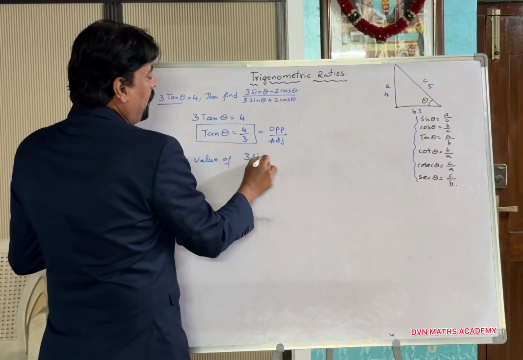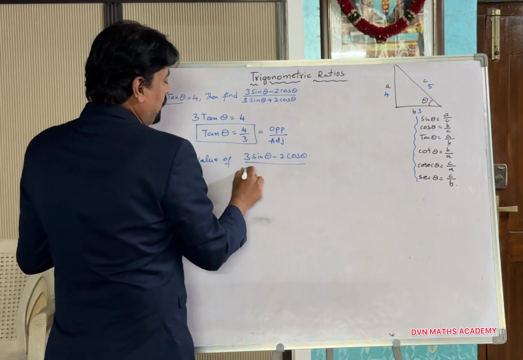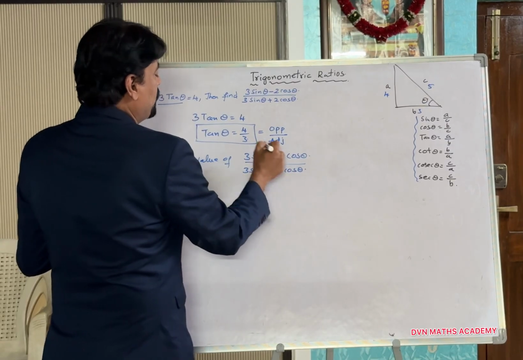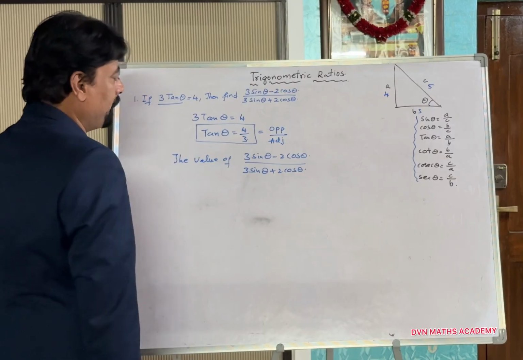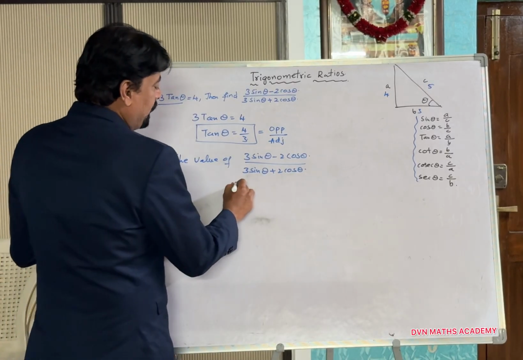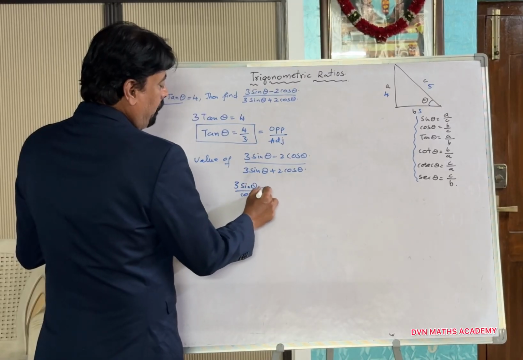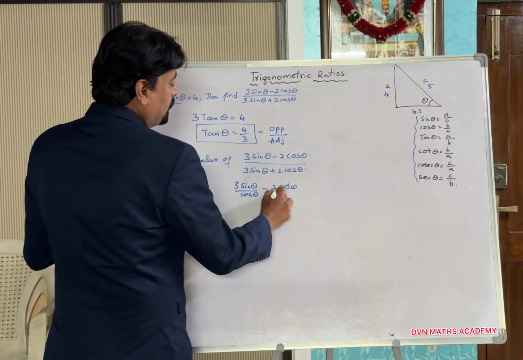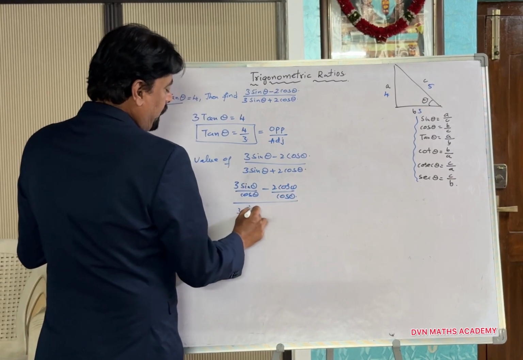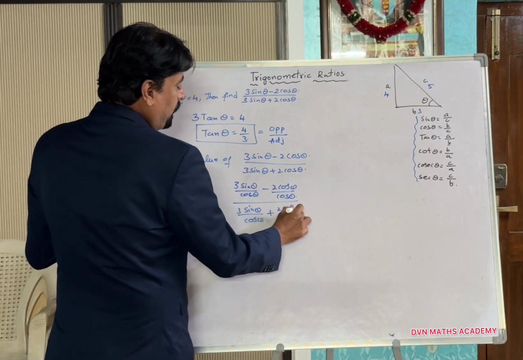The value of 3 sin theta minus 2 cos theta by 3 sin theta plus 2 cos theta. If you observe the question properly, there is a numerator and denominator. If you divide the numerator and denominator by cos theta, then it will be 3 sin theta by cos theta minus 2 cos theta by cos theta, and 3 sin theta by cos theta plus 2 cos theta by cos theta.